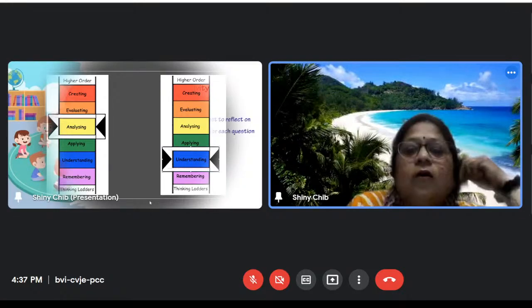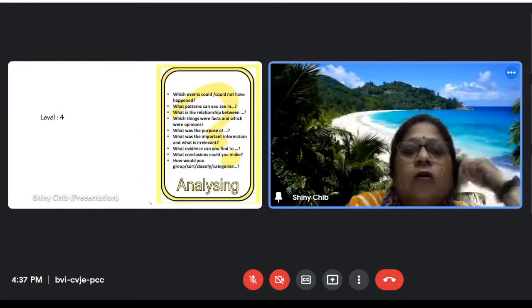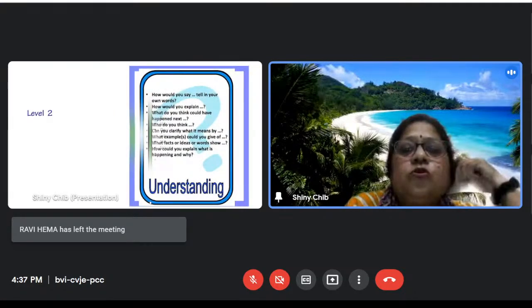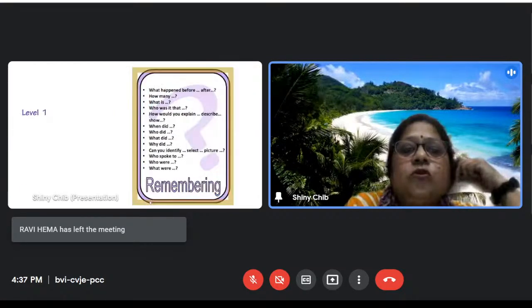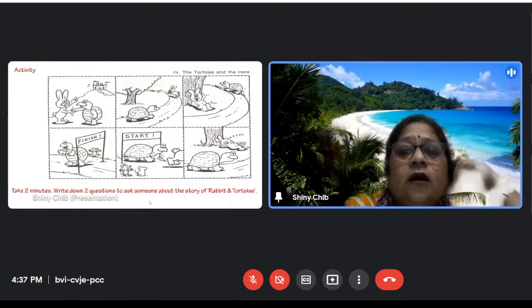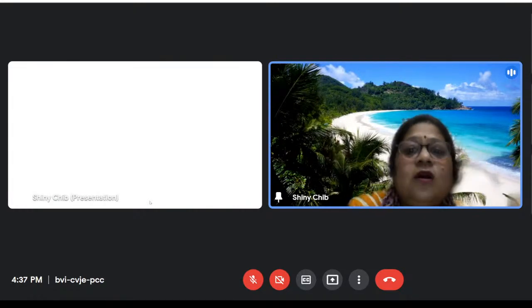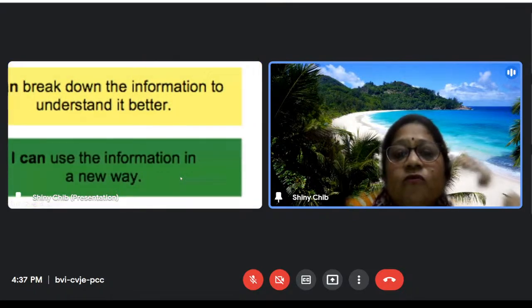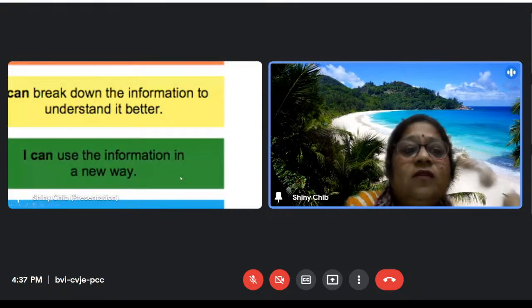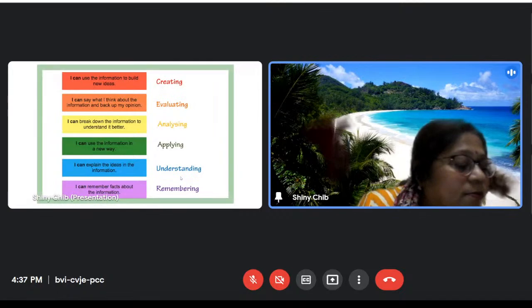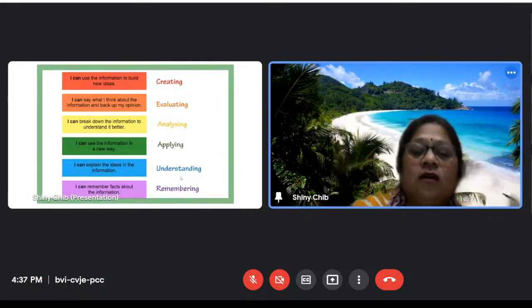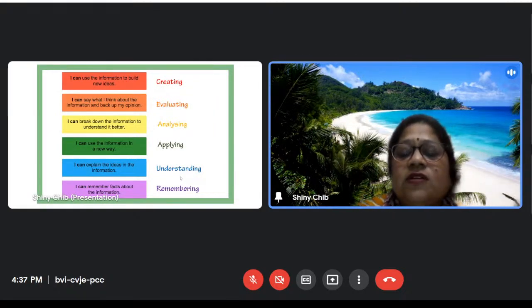Let me take you to the simple slide. Please don't count the slide, otherwise generally people think the thank you slide is going to come. These are the 6 different levels.